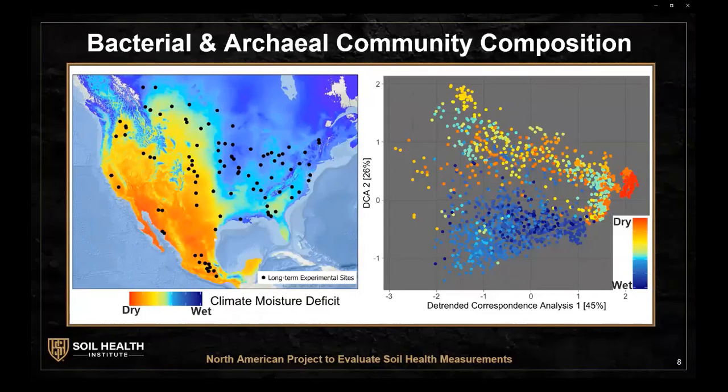And so here, this map of North America is using the Hargreaves climate moisture deficit to color the map. And then you see those black dots represent our sample sites. The figure on the right is a detrended correspondence analysis of the 16S bacterial and archaeal genomic data from this project.